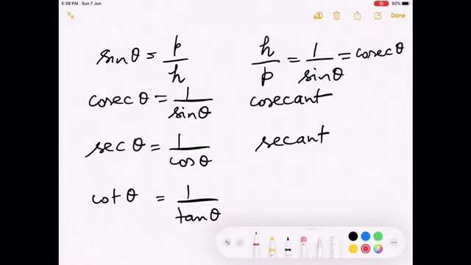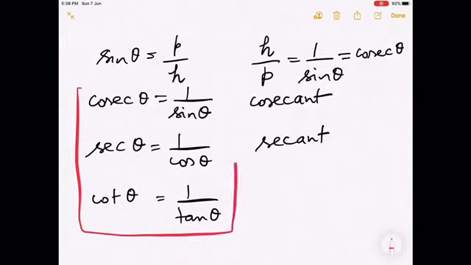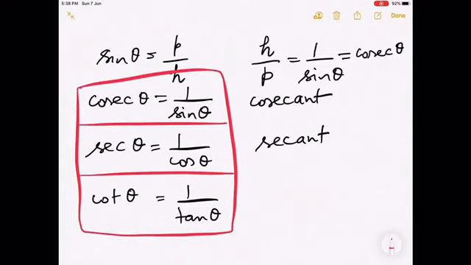These three formulae here, cosec theta is 1 upon sine theta, sec theta is 1 upon cos theta, cot theta is 1 upon tan theta, are known as reciprocal relations.